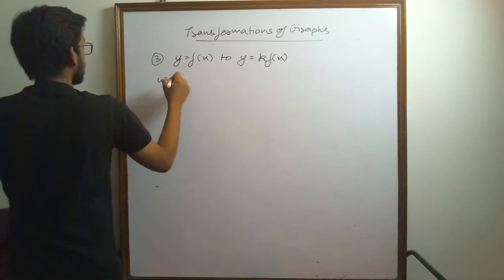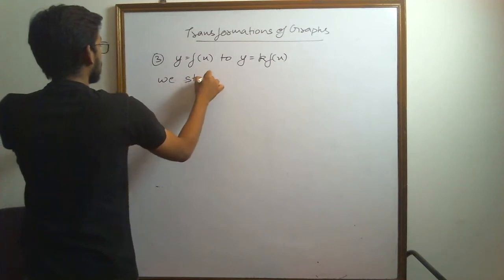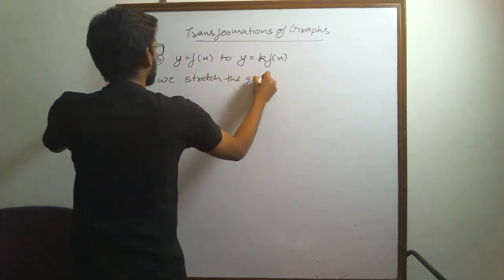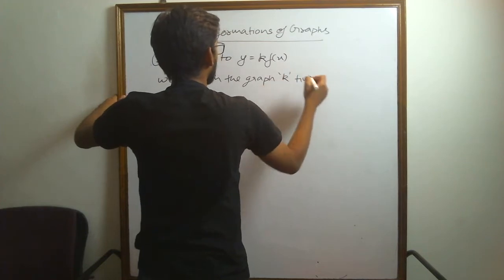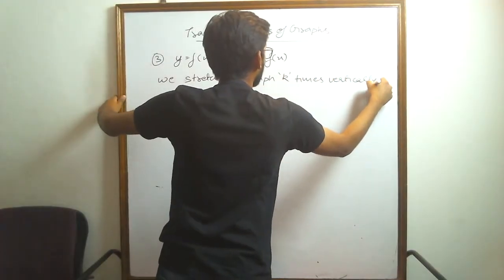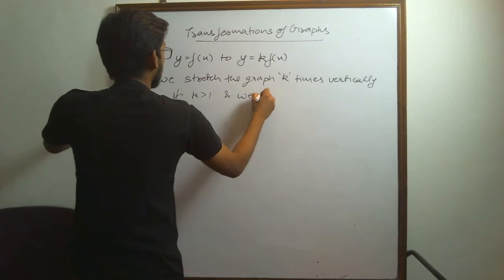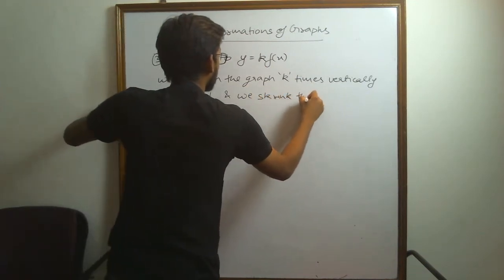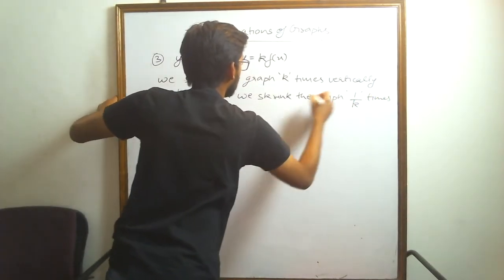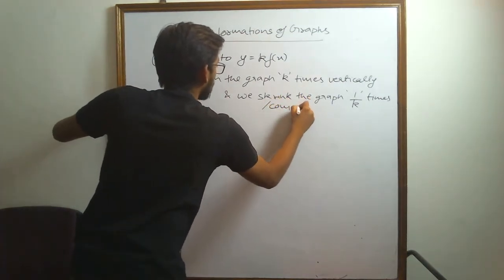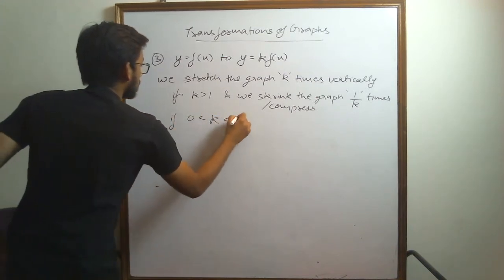Now the transformation is we stretch the graph by k times vertically if k is greater than 1, and we shrink or compress the graph 1 by k times if k is greater than 0 and less than 1.